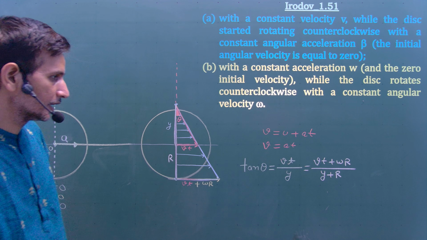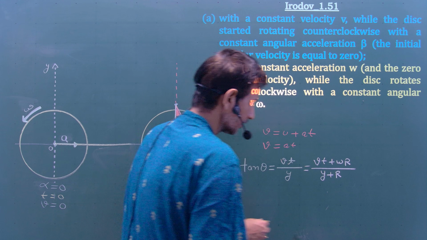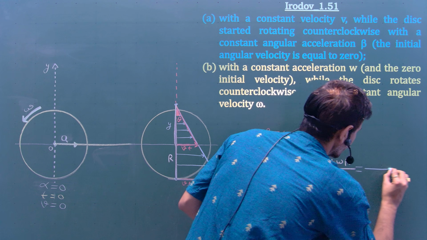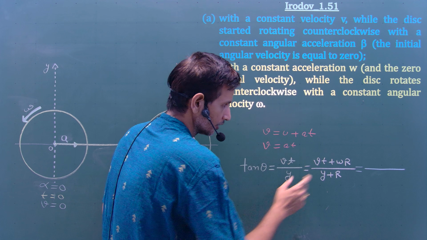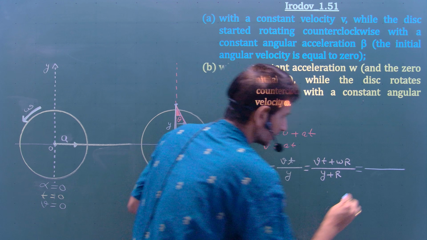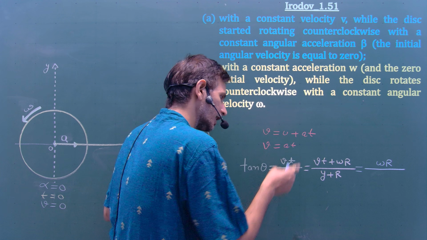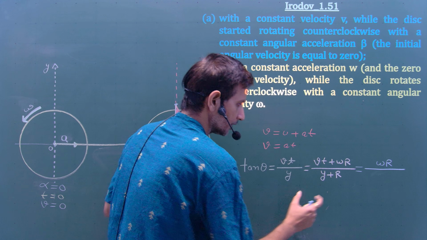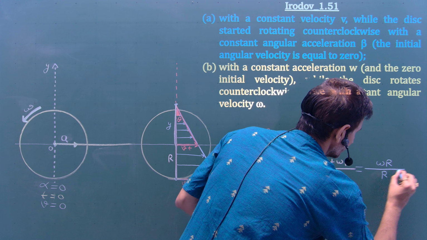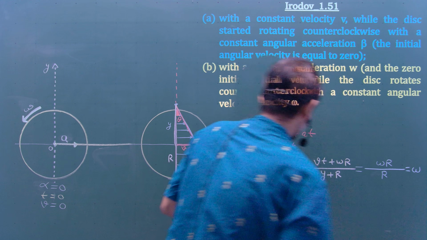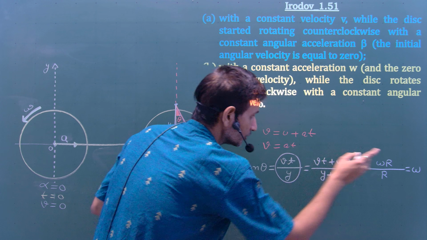Now apply the componendo and dividendo rule to this ratio. From the upper part, I subtract this upper part, so at and at cancel out and it is equal to omega into r. What you do to the upper part, do the same to the lower part: subtract this part from this part and it comes out r, which is equal to omega. So from this equation, at by y should be equal to omega.